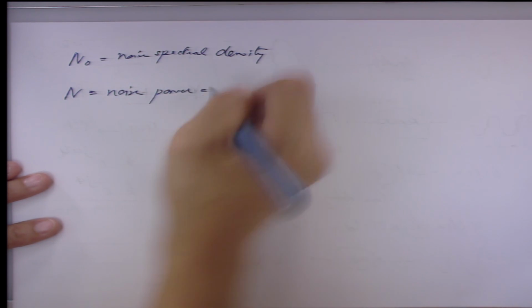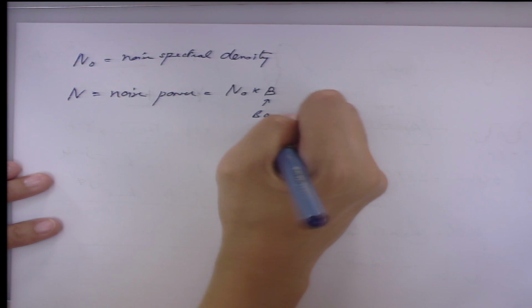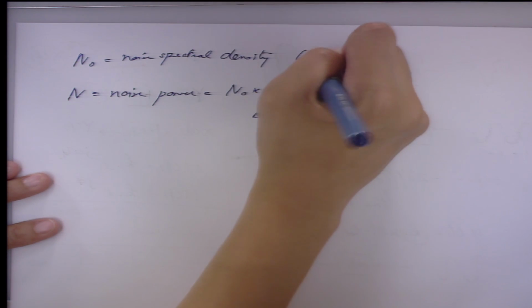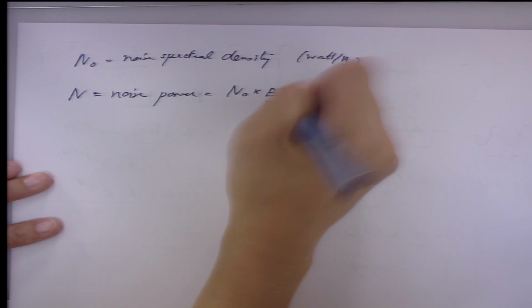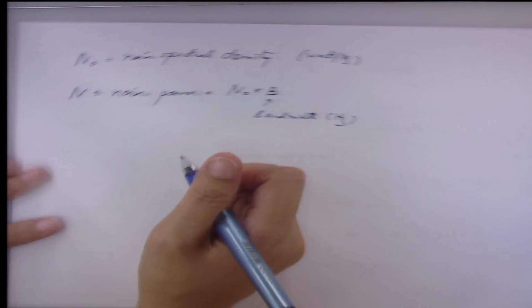So the noise power equals the density multiplied by the bandwidth. This one is watt per hertz. This one is hertz. So when you multiply, you get watt.